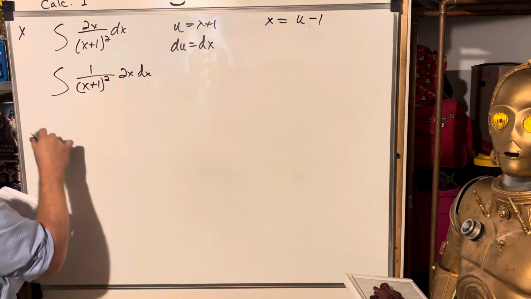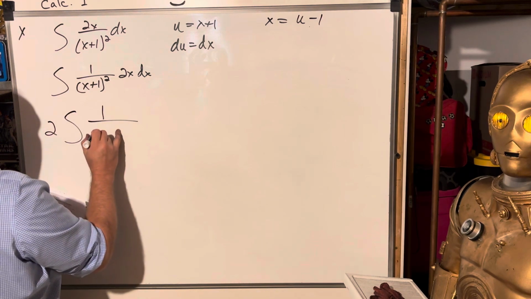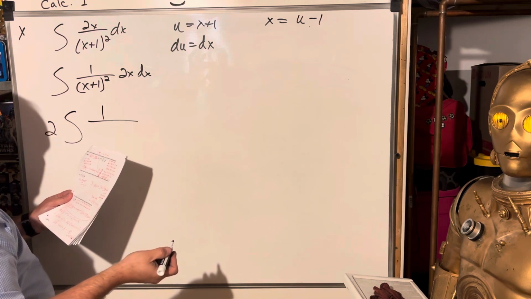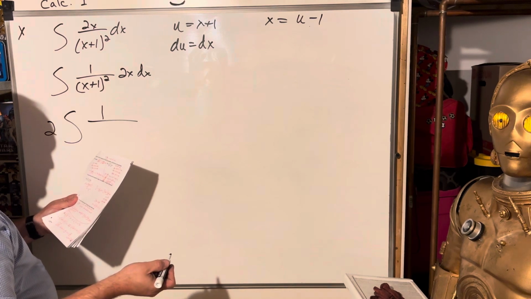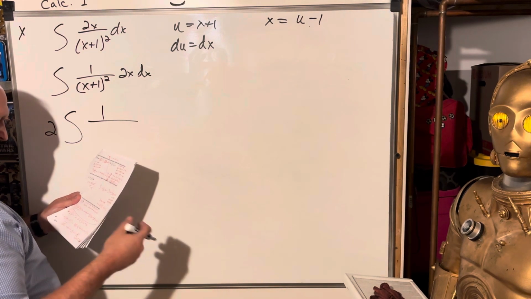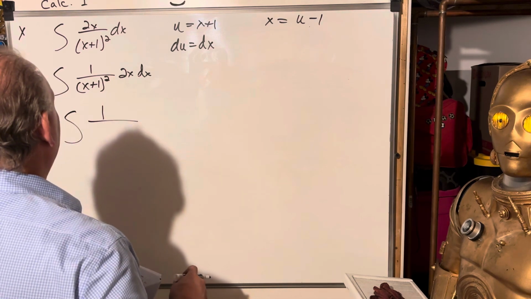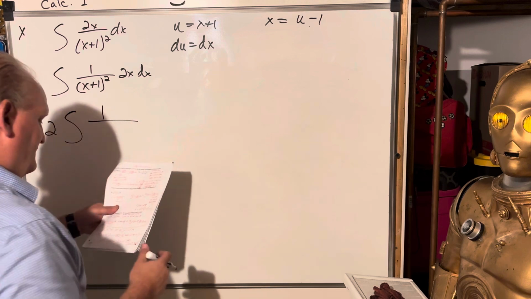So now I can get rid of that. I can pull the 2 out in front. I can have this as x plus 1 squared. I have to simplify that. Ay caramba. So this is going to be a bit of a mess, isn't it? All right. Well, let's do it.